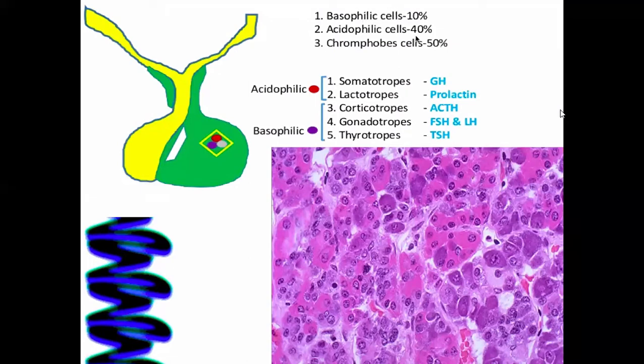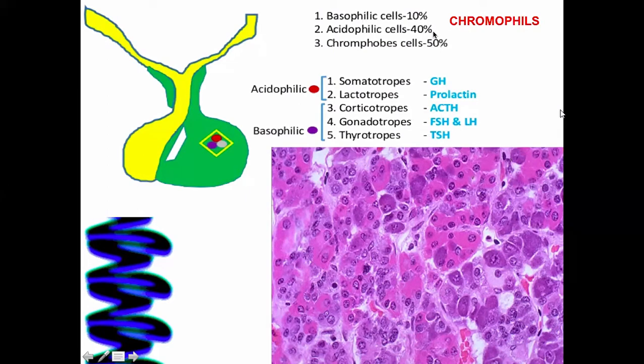The basophilic cells, which correspond to 10%, and the acidophilic cells, which is 40%. So 50-50 yan. While the chromophobes, meaning they don't take up stain, wala silang color, kaya chromophobes 50%. Ang may color na mga cells are called chromophils, which is divided into 2, the basophilic cells and the acidophilic cells.